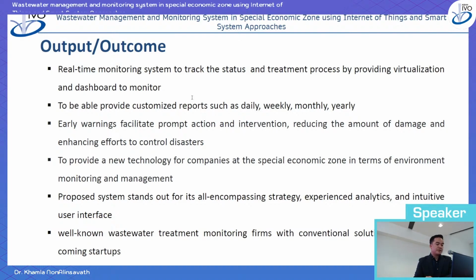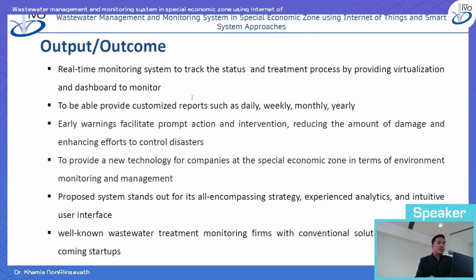Also, we can provide customized reports such as daily, weekly, monthly, yearly, because in our country, together with your business operation, you also need to do the activity we call environmental impact assessment, to make sure that your industry or company does not affect the environment too much, or at least you need to have some concern to handle the environmental issues.